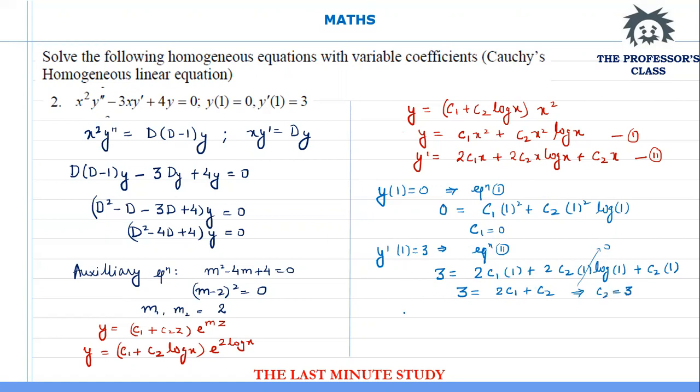So I'll substitute these values in the equation of y. So I get the final equation turned out to be y is equal to, see, c1 is 0 and c2 I'll get is 3. So it will become 6x log of x plus 3x.